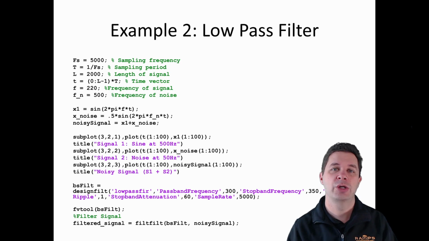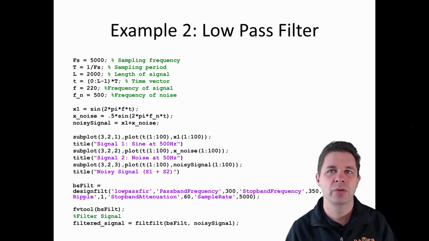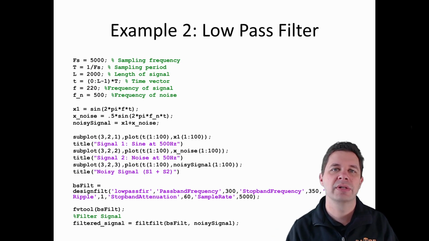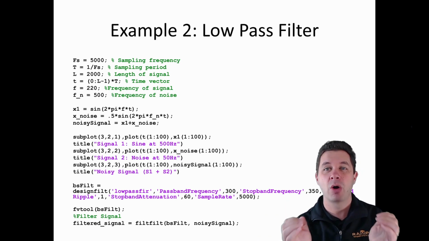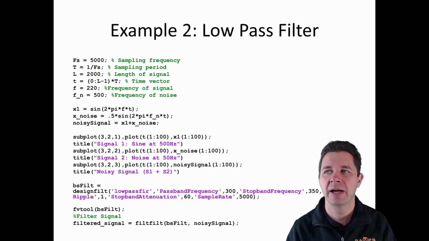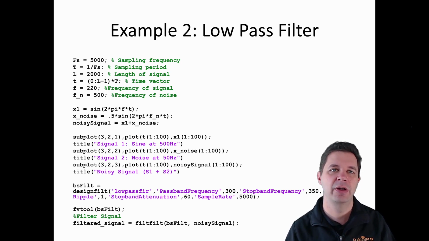So here's the code I've used to generate this. The first bit is generating those two signals and plotting them. We've got our filter there, and I did a very similar thing. I used the design filter function, and that generated that block of code for me, which is my actual filter. Here we've specified a pass band frequency of 300 Hertz and a stop band frequency of 350 Hertz.